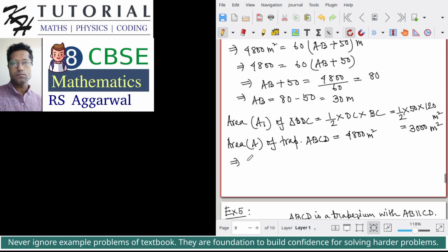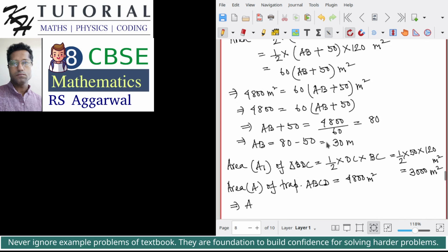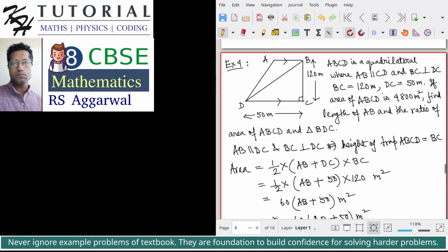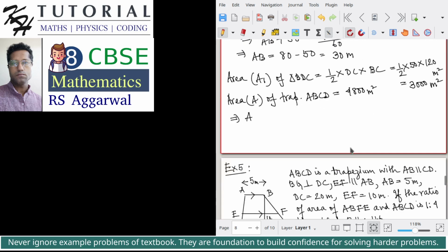So we have to find the ratio of area of ABCD and triangle BDC. So A by A1 is equal to 4800 by 3000.